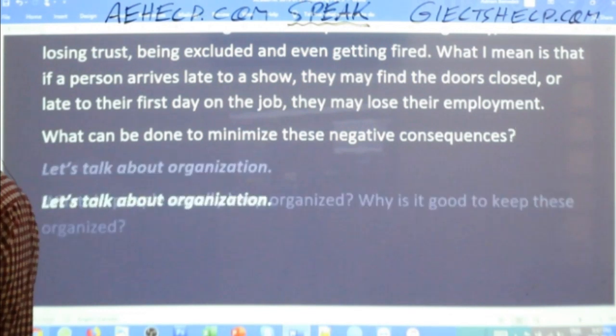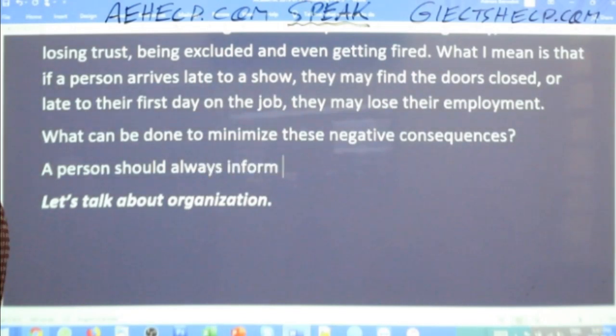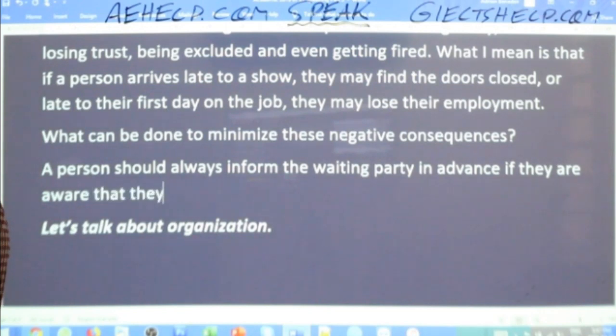Let's take Rahul's answer. So a person should always inform the waiting party in advance if they are aware that they will arrive late.